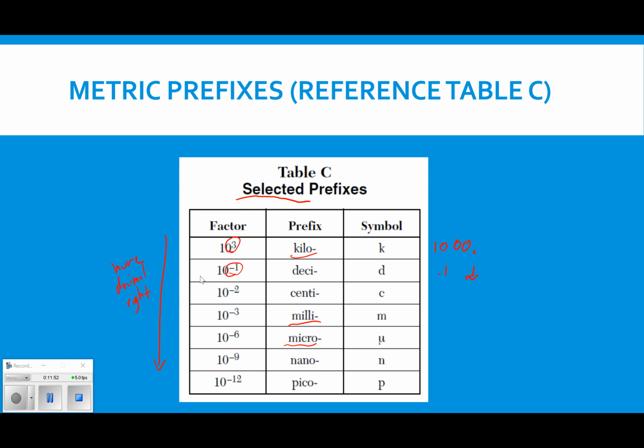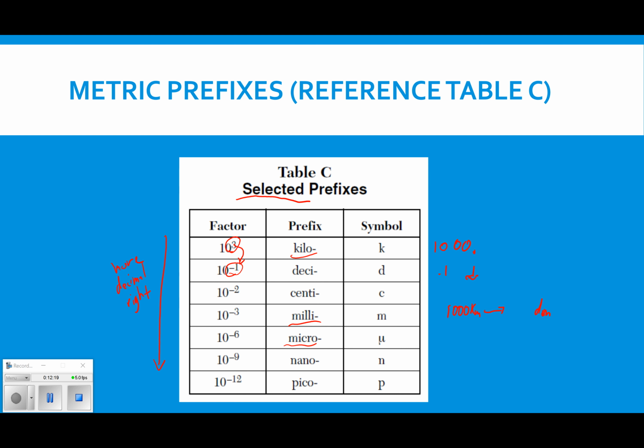So if we convert 1,000 kilos, let's say kilometers, into a decimeter, a dm, we compare our factors here, kind of like we would on a number line, and that tells us how many spots we have to move that decimal.